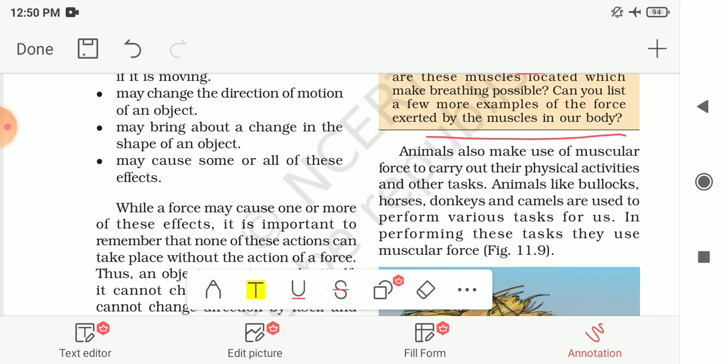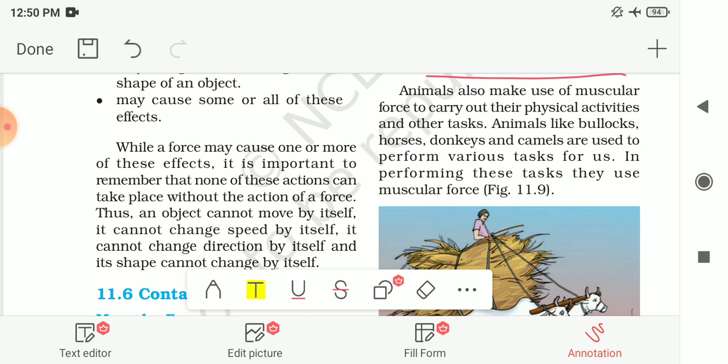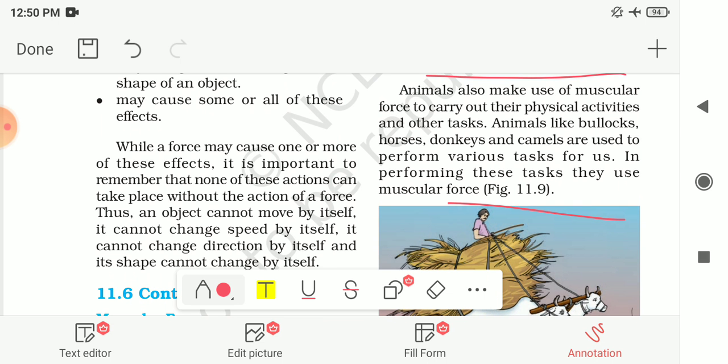So this is about humans. Now what about animals? Do animals also apply muscular force? Animals also make use of muscular force to carry out their physical activities and other tasks.